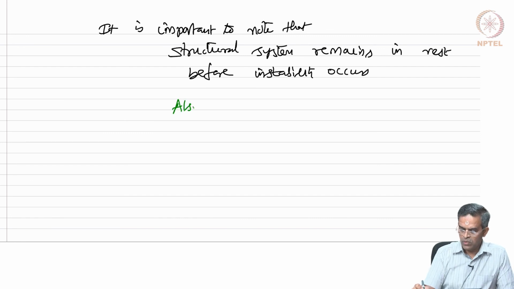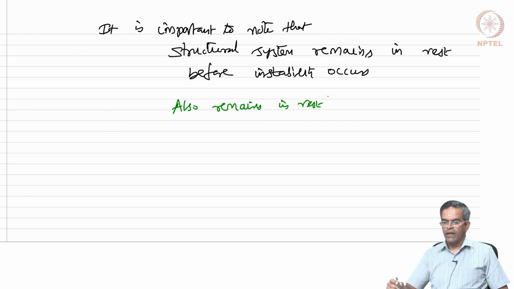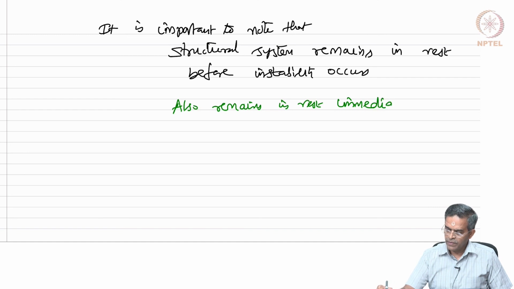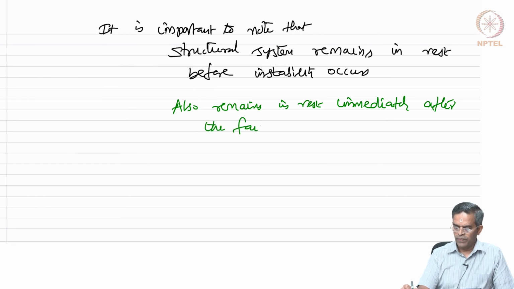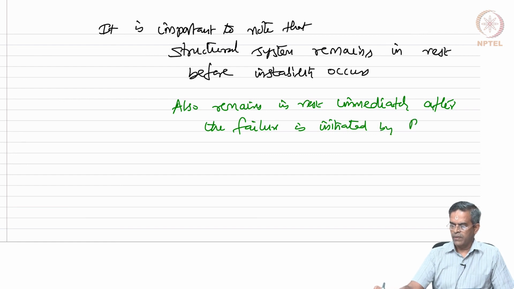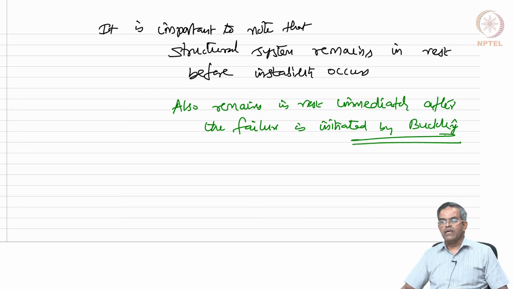Also, it remains at rest immediately after the failure is initiated by buckling. So, instability will initiate a failure and buckling is a failure. Instability is a geometric displacement, it is a geometric imbalance. The consequence of instability is buckling.